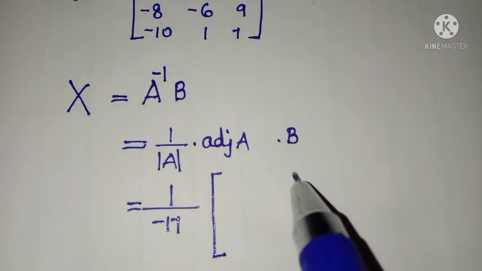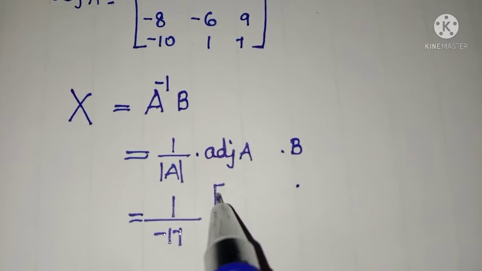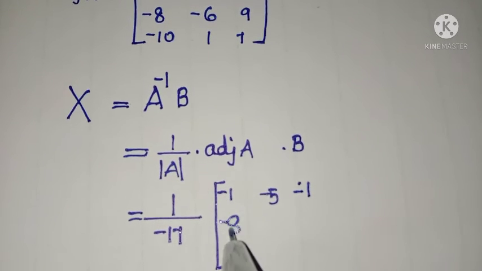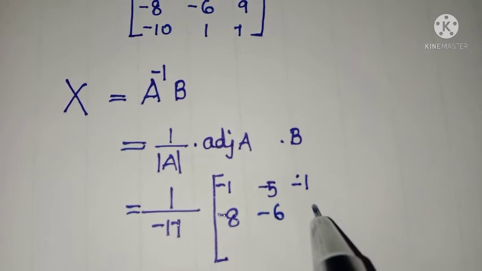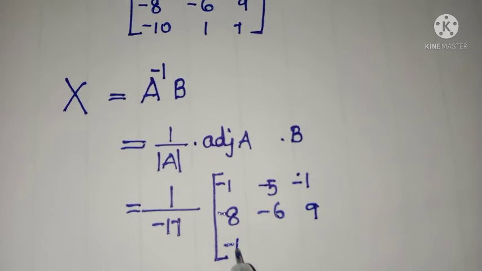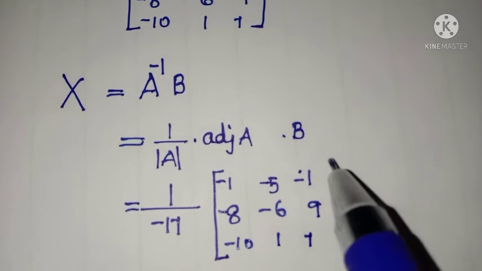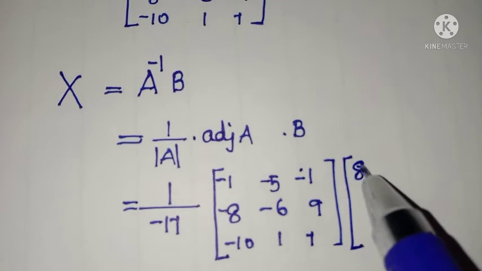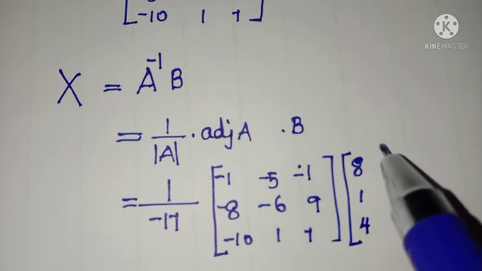Now what is the adjoint matrix? The adjoint matrix is minus 1, minus 5, minus 1, minus 8, minus 6, 9, minus 10, 1, 7 into B. What is B? 8, 1, 4.